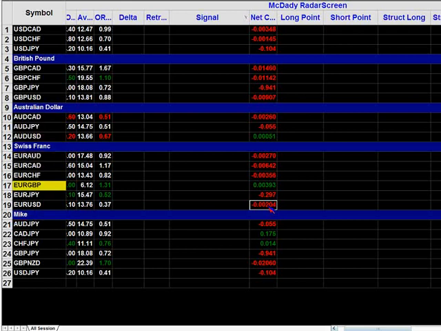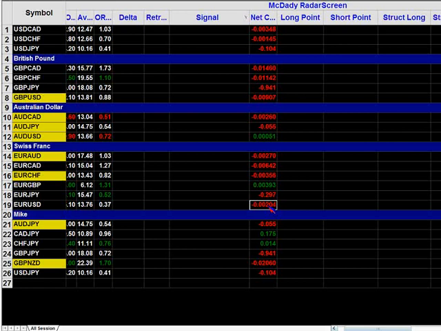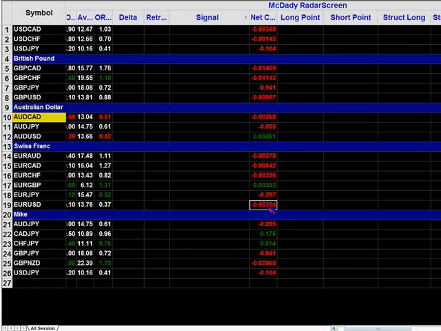So the average move for today, Bill, is about 20 pips on the euro. And the average move in the pound is about 100. This means that the pound is 5 times weaker than the euro.